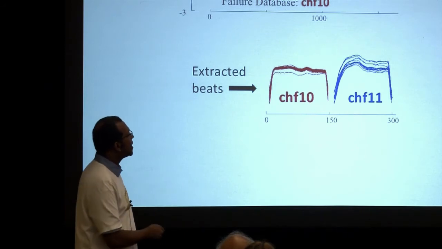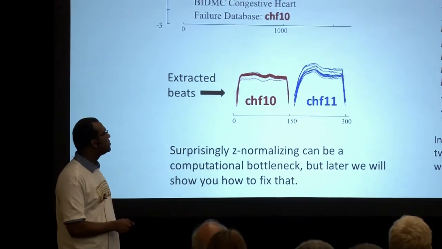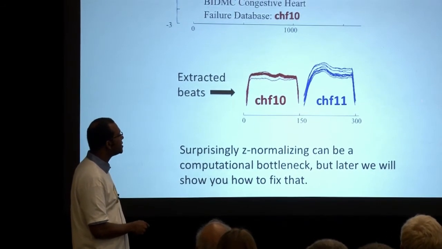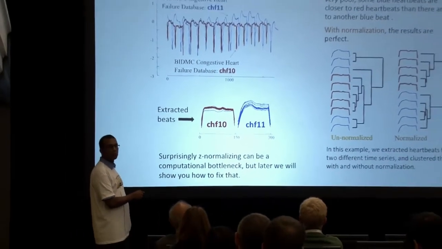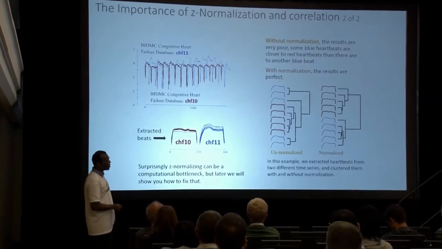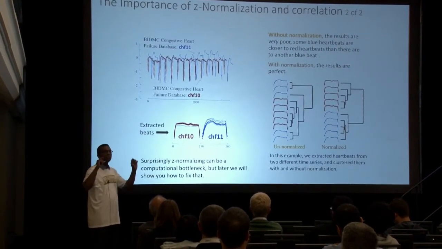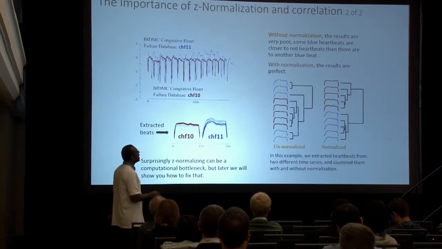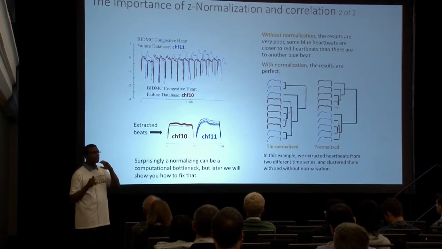So let's see what happens. If you do that, then in the unnormalized case, you will find that some of the reds and some of the blues, like these two, are more similar to the reds than the other blues. And if you normalize them, you wash out that difference, you make everything with the same mean and same standard deviation, and then the clustering results look perfect. So what is the bottom line?